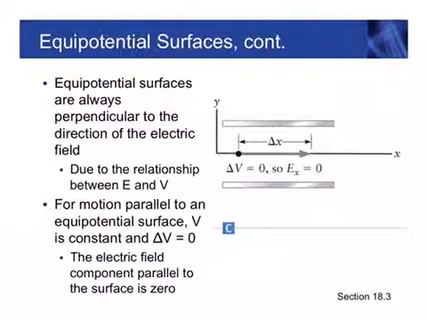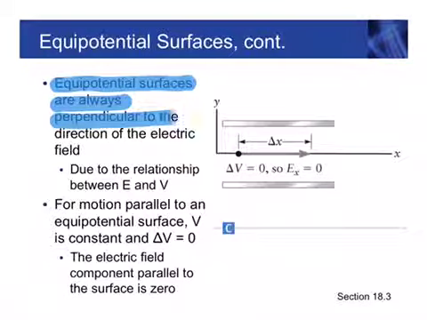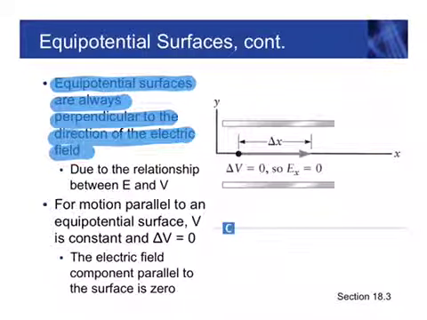The first one is equipotential surfaces are always perpendicular to the direction of electric field. This is basically due to the relationship between E and V. Now, if an equipotential surface is always perpendicular to the electric field line, we also can say that there is no electric field component in this direction.